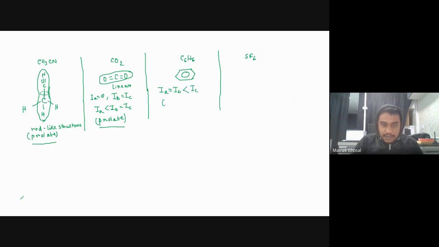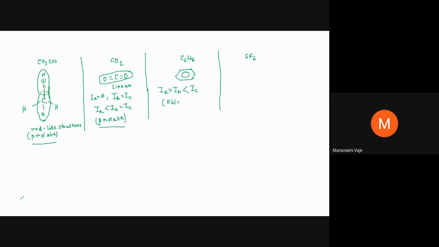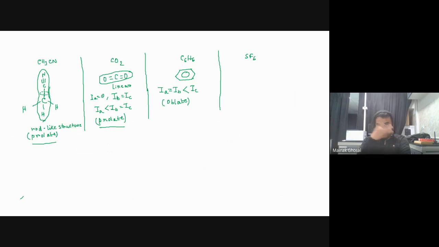So it will be under the oblate category. Since benzene looks like a disc, it will show an oblate kind of structure, so it will be an oblate symmetric top molecule.